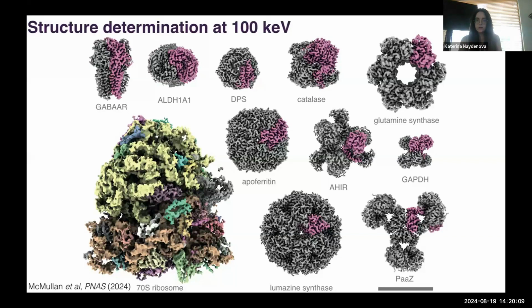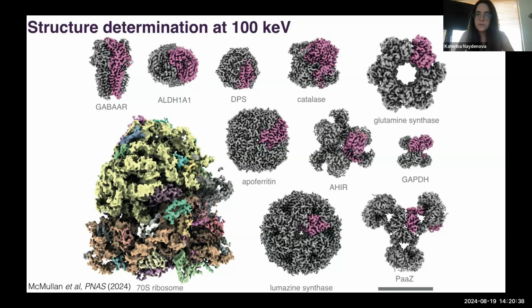After this, we were quite happy with this instrument that we managed to build together, and we went on to actually demonstrate its performance on some biological samples. We chose a variety of proteins that we had worked on in the past, or our friends had worked on in the past, or some that were slightly new to us. And we managed to solve all these different structures that I'm showing here using this microscope within the span of a couple of weeks.